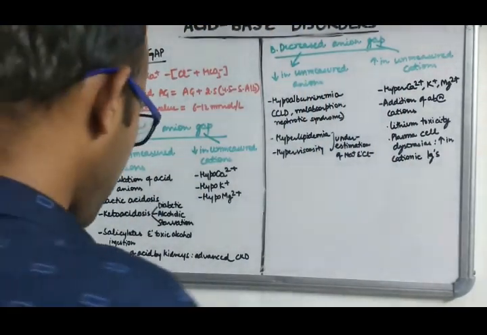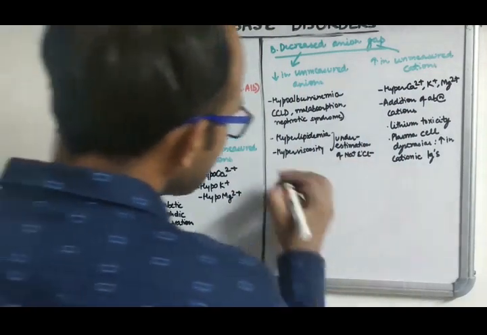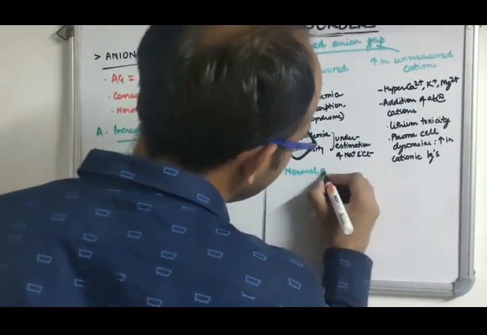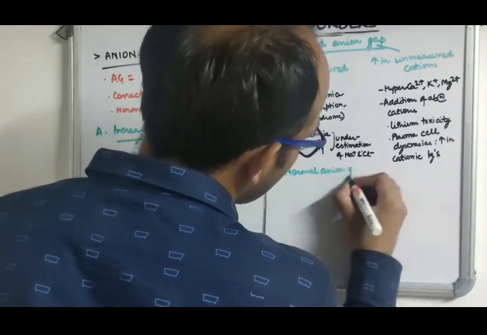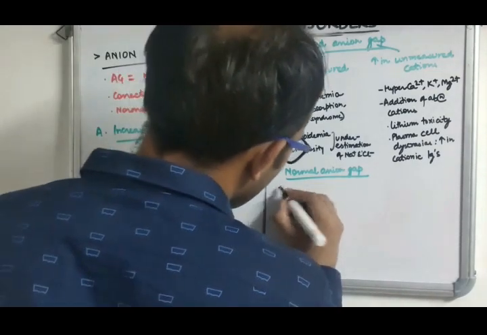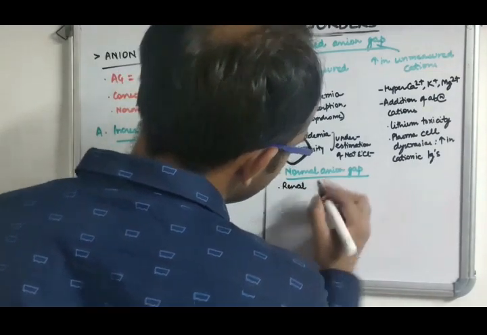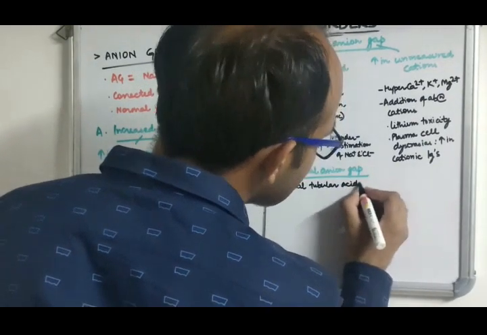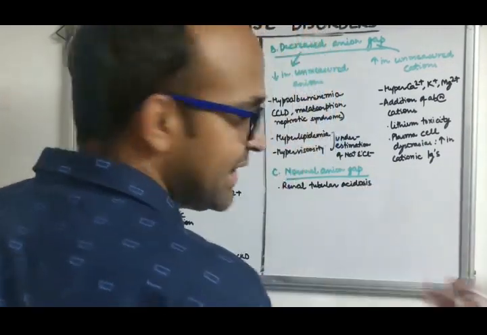Now, the conditions which are classically associated with normal anion gap are renal tubular acidosis, and if there is a bicarbonate loss from GIT like diarrhea.